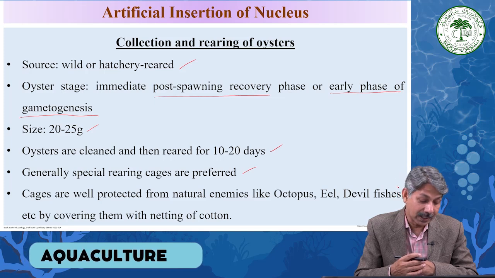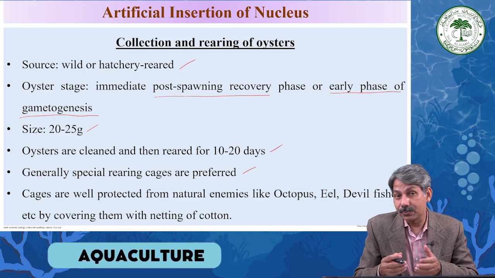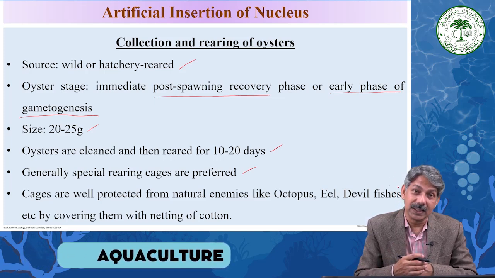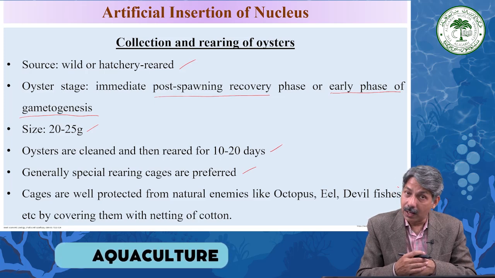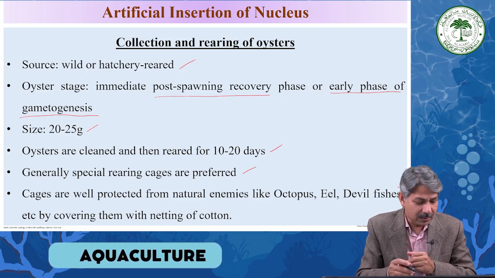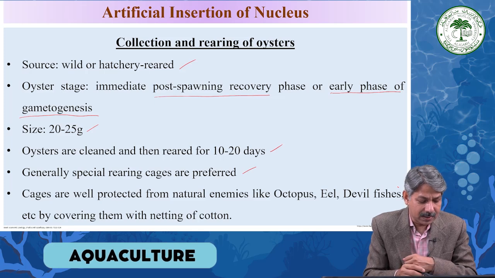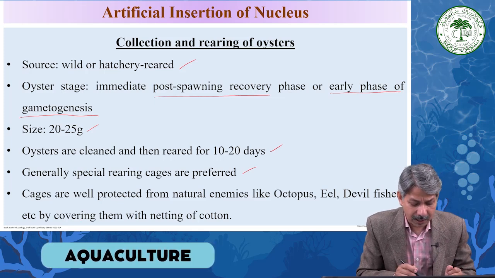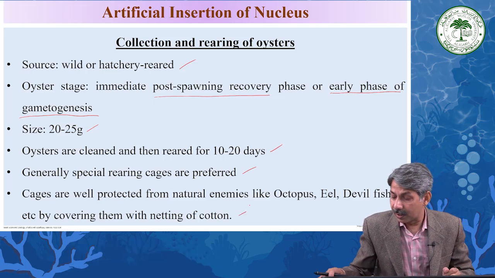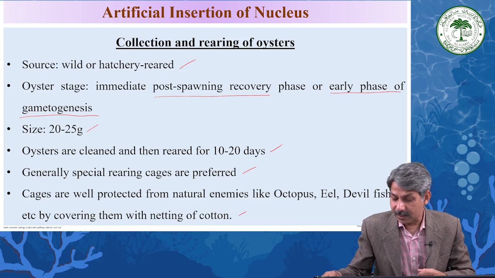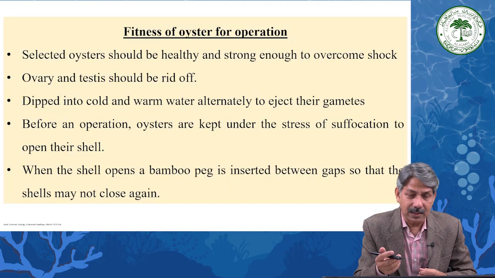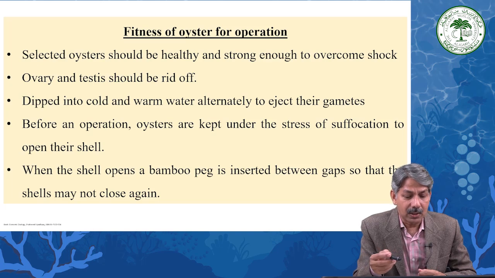So you will have to take care of what kind of aquatic animals you have in that area and protect them. This can be done by covering them with cotton netting, so that natural enemies like predators such as octopus, seal, or other fishes like devilfish may not attack them.